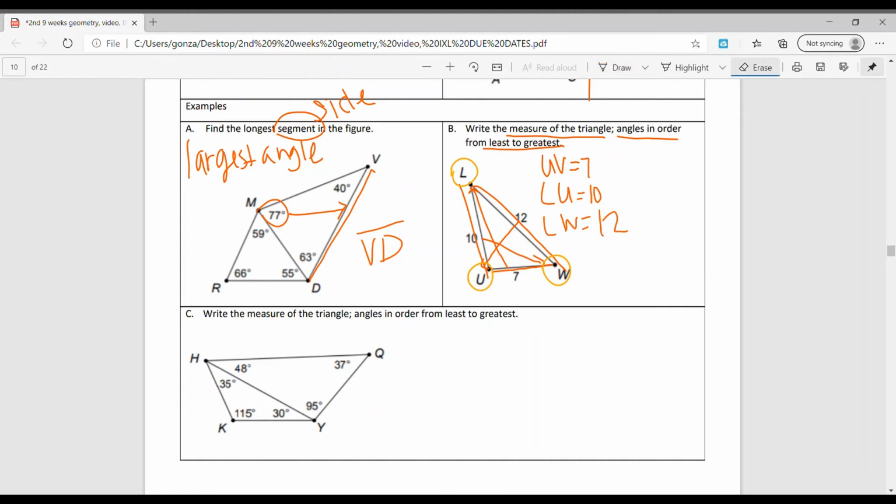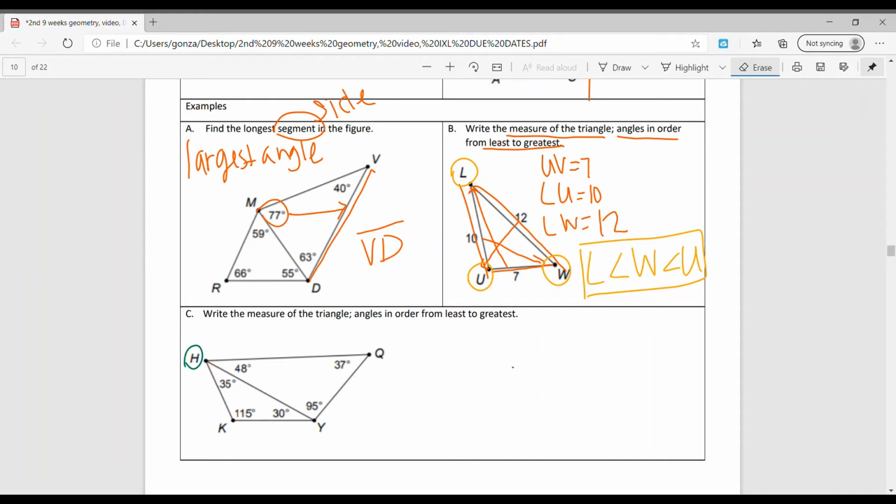Let's write that again. L is less than W, which is less than U for the angles. And that's your solution.